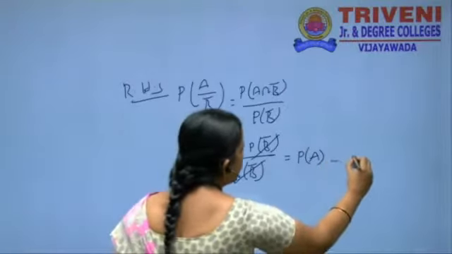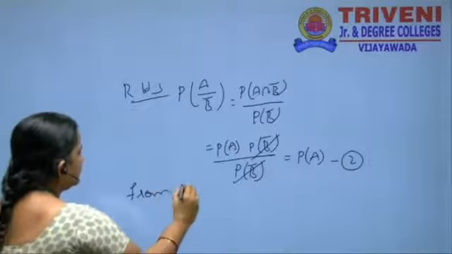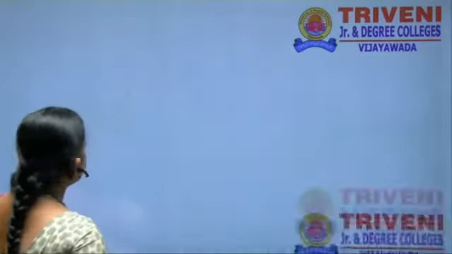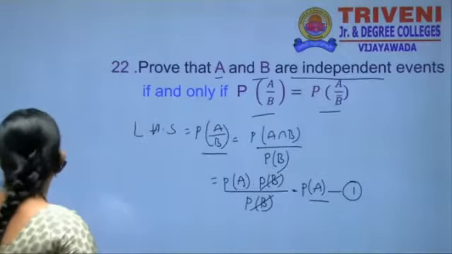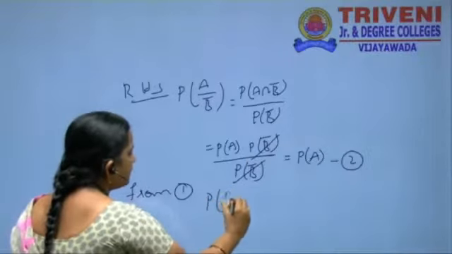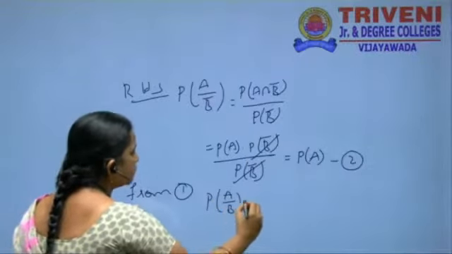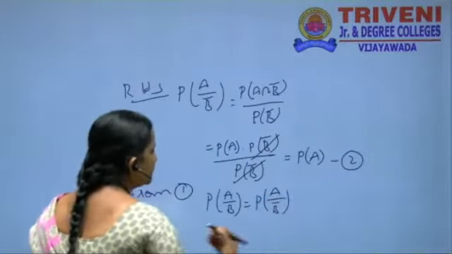That is equation 2. From 1 and 2, we know that P of A by B is equal to P of A by B complement.